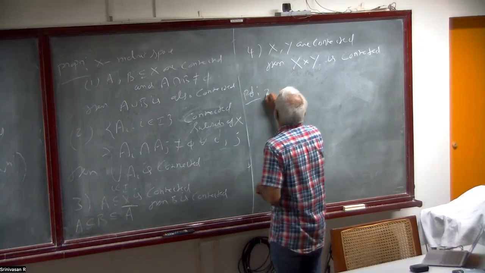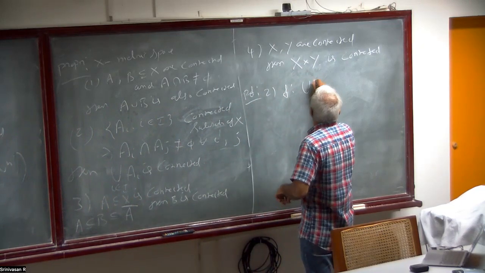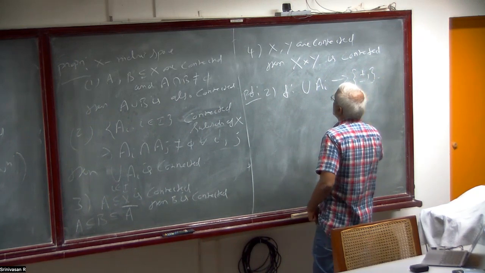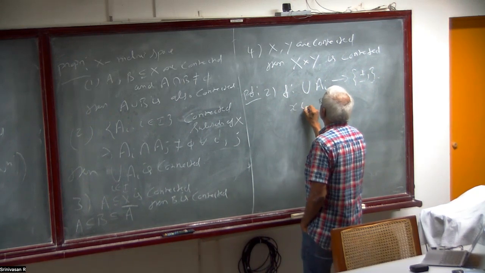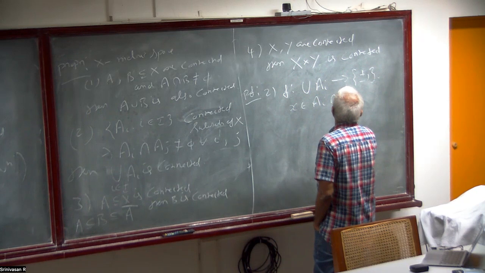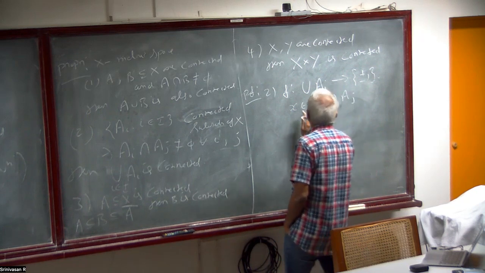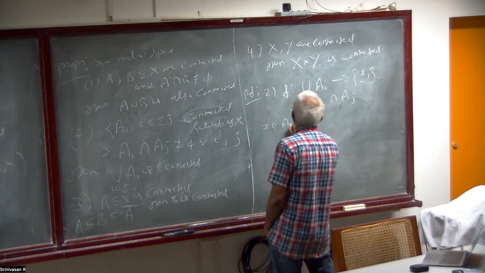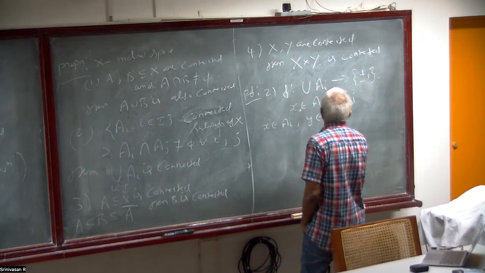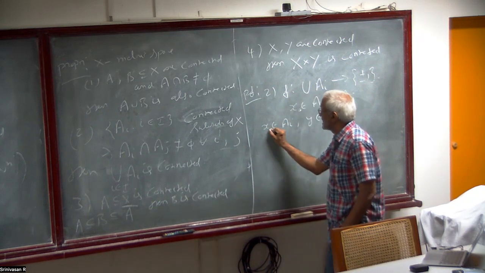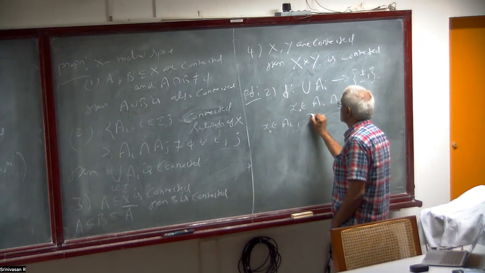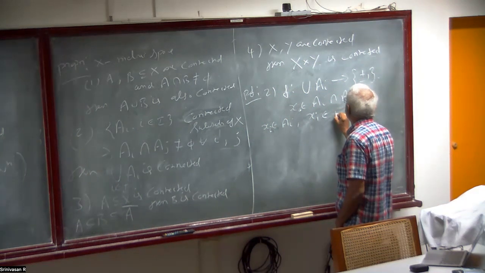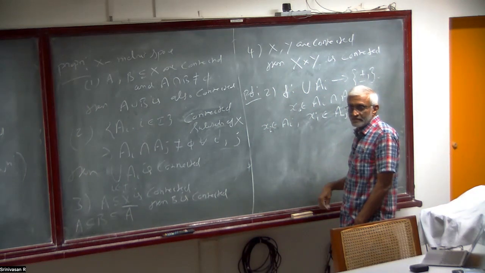Let us write the proof for the other one. f is a function from the union of the A_i to plus or minus 1. Let x_0 be in A_i intersection A_j, and x_i is in A_i, x_j is in A_j.